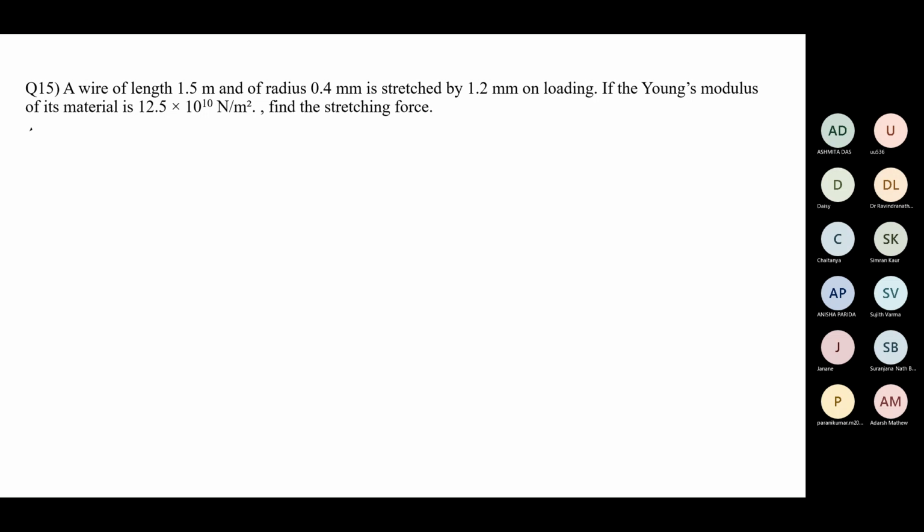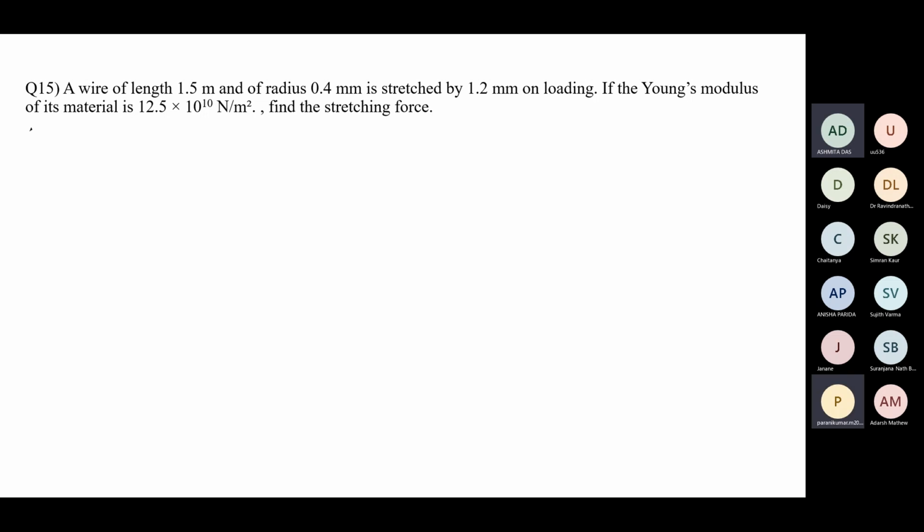Okay. So the initial length of the wire is 1.5 meter. The radius of the wire comes around 0.4 mm, that is 0.4 into 10 to the power minus 3 meter, or 4 into 10 to the power minus 4 meter. Now the extension is given as 1.2 millimeter, that is 1.2 into 10 to the power minus 3 meter, and the Young modulus is Y equals 12.5 into 10 to the power 10 Newton per meter square.